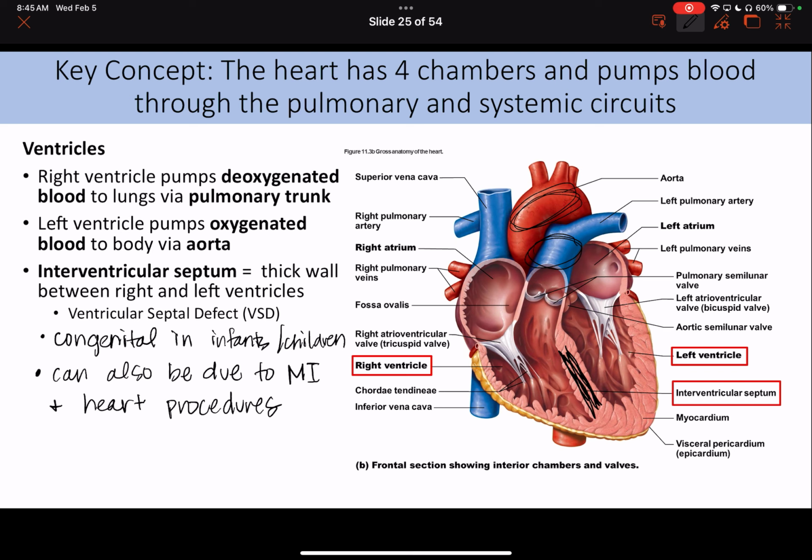So when it's congenital, I'll write it here. When it's congenital, it's due to an underdeveloped septum or ventricles. And the same thing is going to happen. We're going to have backflow in between those two chambers, mixing of blood.